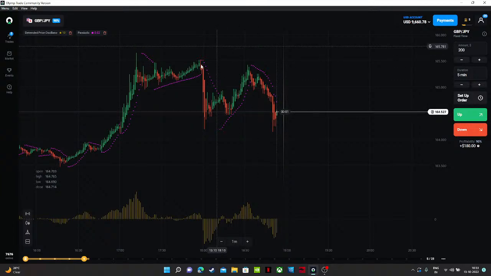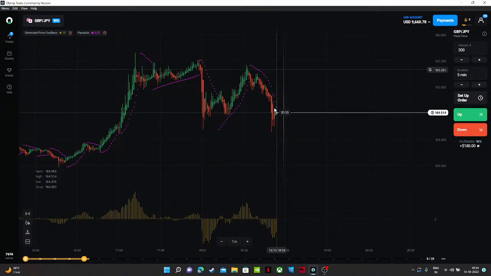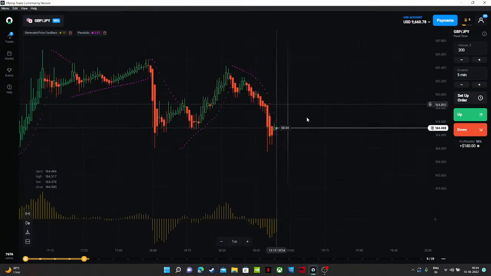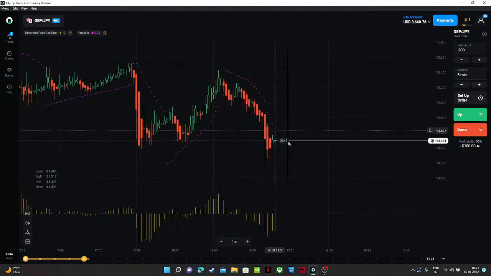And also here is a double bottom pattern, so this is a very important support level here. We cannot say for certain where the price will go here.